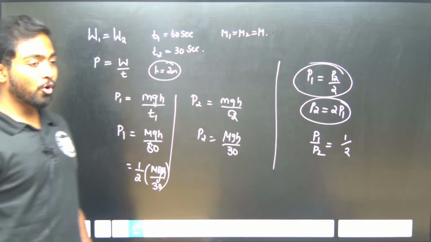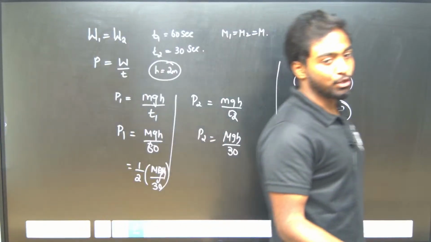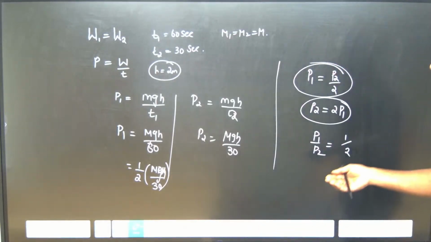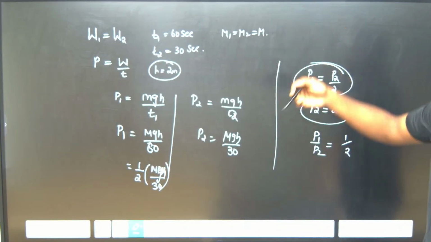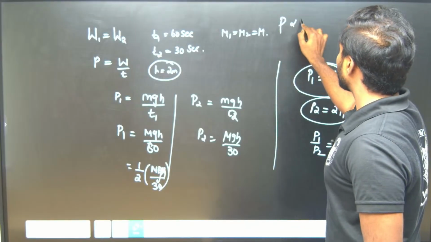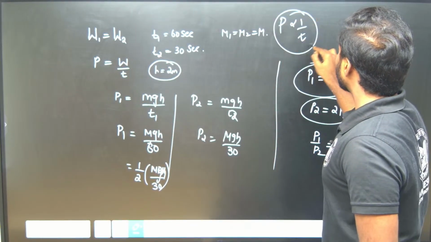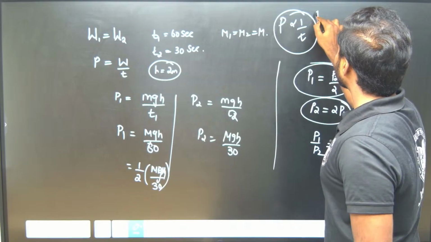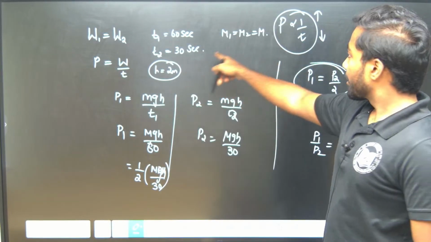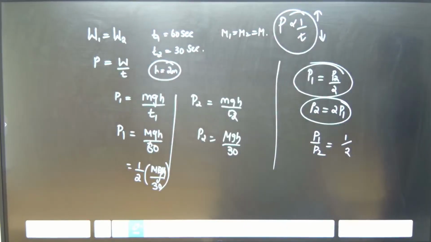So which one has more power? P2 has more power because he is using less time to lift. Simple, like power is inversely proportional to time. So when time decreases, power increases, right? Yes, that's the thing.